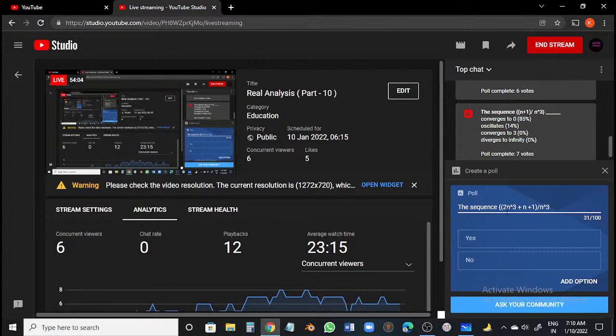Yes. So what will happen to this sequence? I would like to reread it. The numerator is 2n cube plus n plus 1 and denominator is n cube. What will happen?